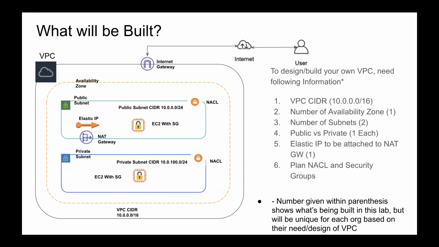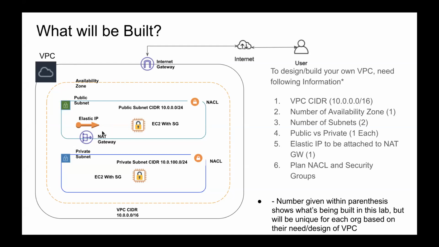Whenever you use the wizard to create, the wizard gives 4 options. We'll quickly see that as well. And we would be selecting option number 2, which would help us create a public and private subnet. And since there is a private subnet, obviously you would need a NAT gateway to go out to the internet. For that, you would need a static IP, which is called an elastic IP.